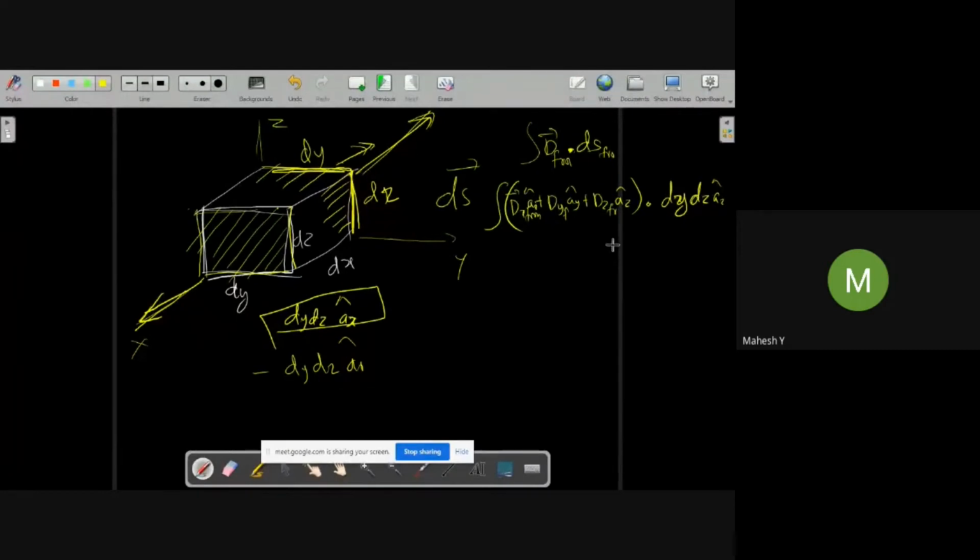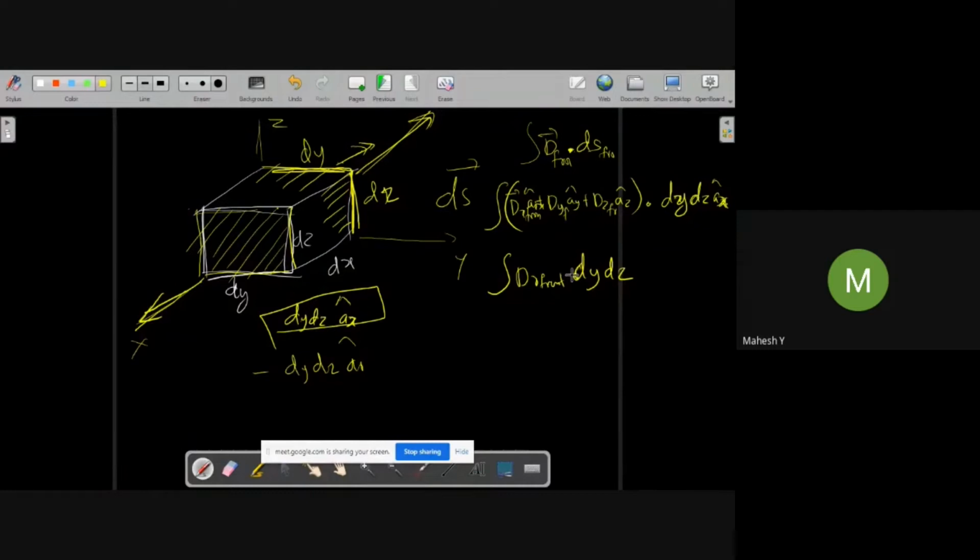So what is this dot product? ax dot ax, what component will be left? Dx front only is left, right? Dx front dy dz.